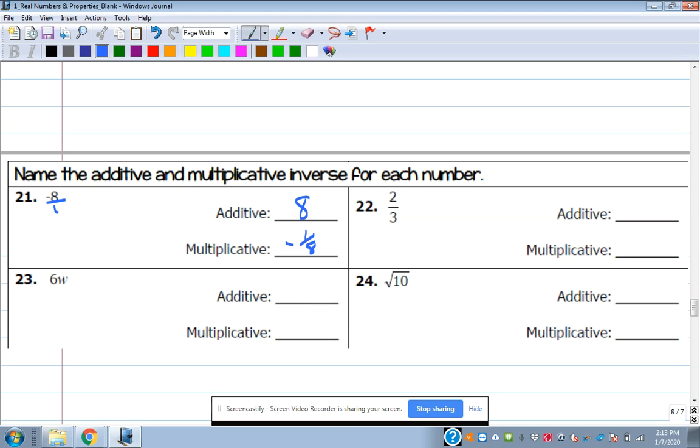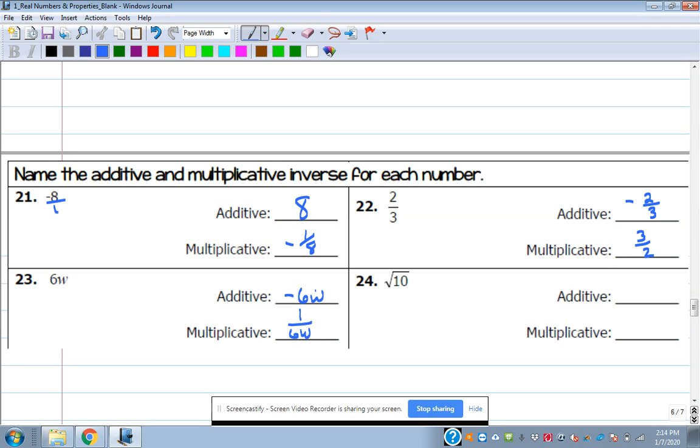Okay. 22. 2/3. Additive inverse would be negative 2/3. Just change the sign. Multiplicative inverse, reciprocal, just 3/2. That's all you got to do is flip it. And this one throws the variable in there, but it's negative 6w. Multiplicative inverse, 1/6w. And the w needs to be in the bottom. Make sure it's clear that that variable's in the bottom too.